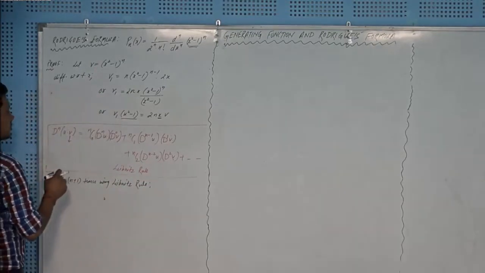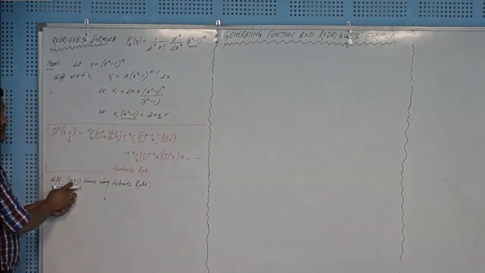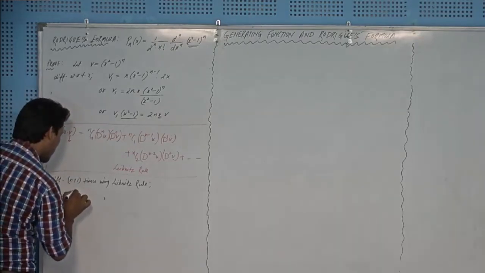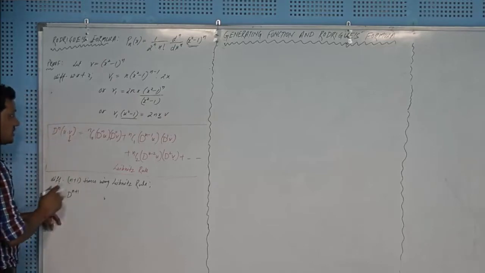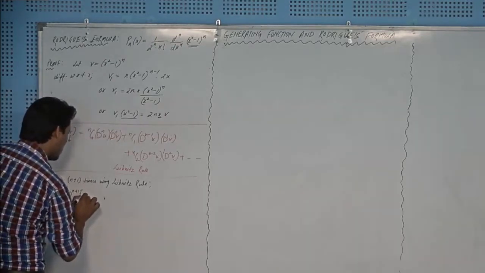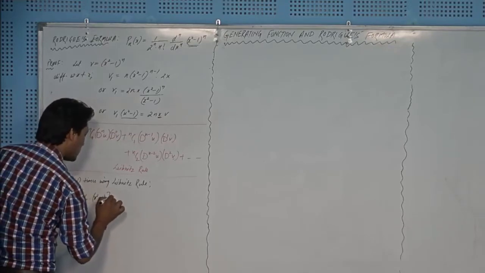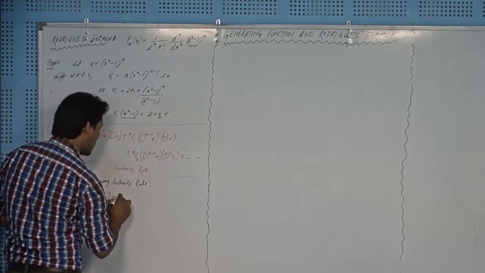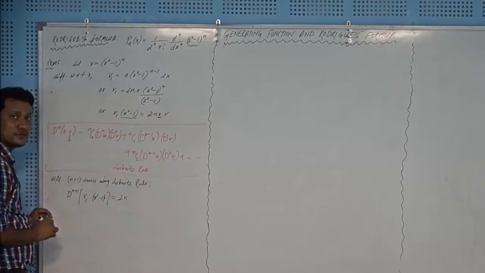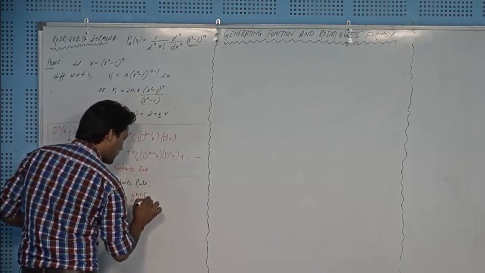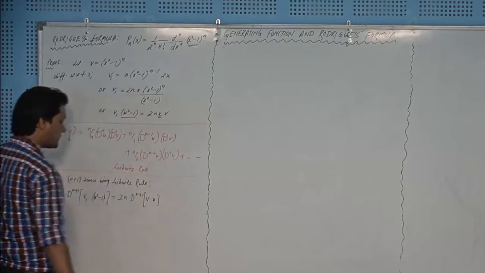So that is D^(n+1), the (n+1)th derivative of this thing. So this is my u and this is my v, is equal to, since 2n is a constant, we will write that outside the derivative, and D^(n+1), the first function and then the second function.